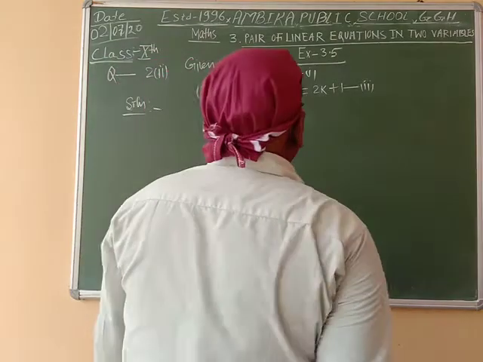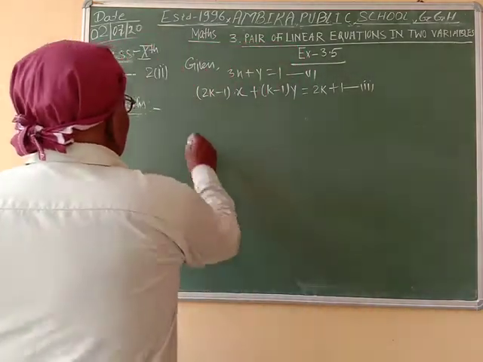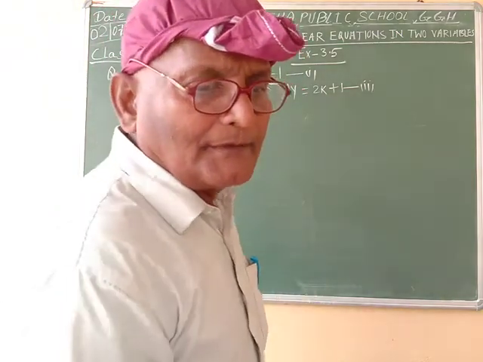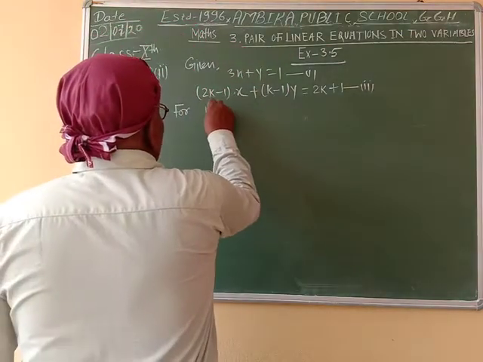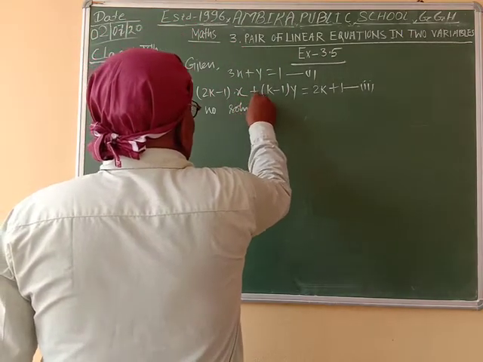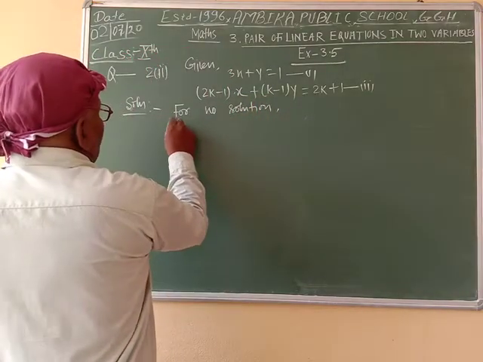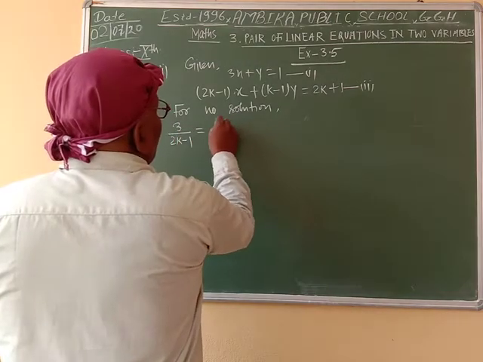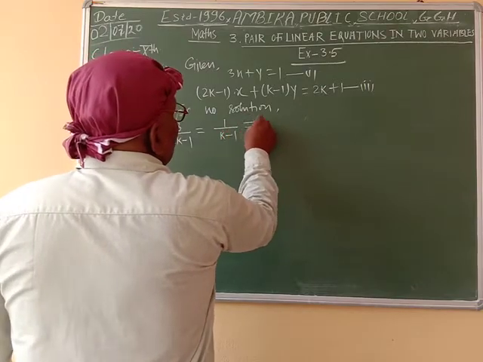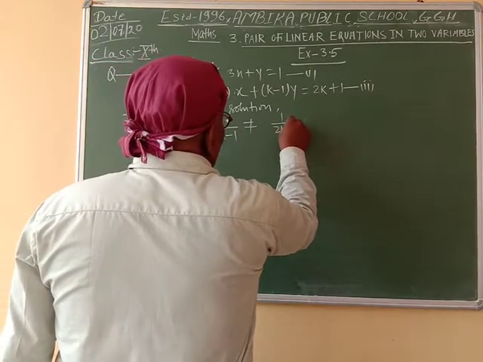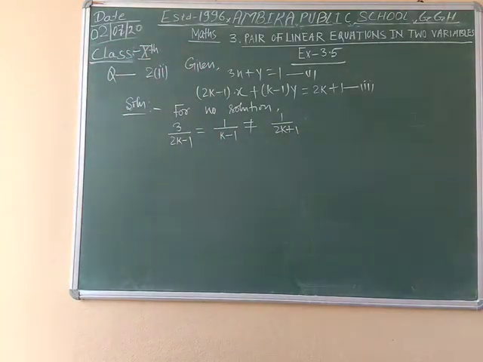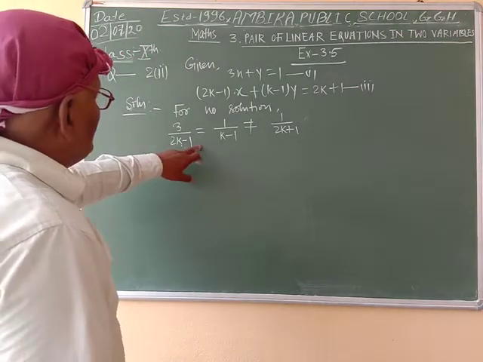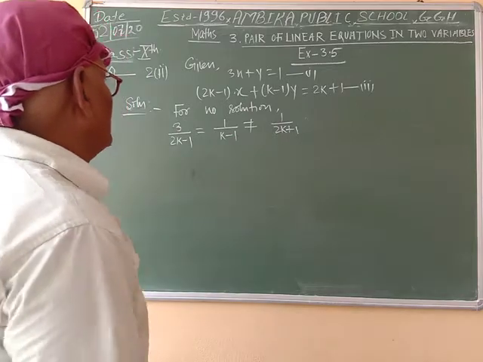So, remembering this condition, we can write for no solution, 3 by 2k minus 1 is equal to 1 by k minus 1 is not equal to 1 by 2k plus 1. This is the condition for no solution.